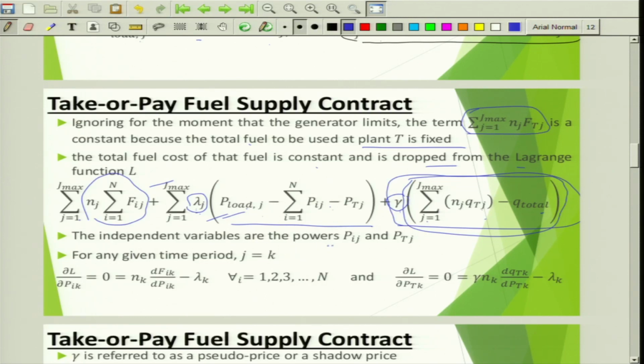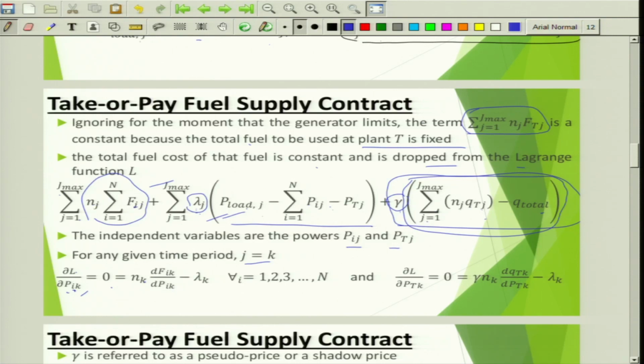Now the independent variables are the powers Pij and Ptj. For any given time period j equal to k, you obtain the partial derivative of the Lagrangian function with respect to Pik. There are two generators, right? One is the constrained generator and the other is the unconstrained generator. Dou L by dou Pik is equal to 0. What would you get?